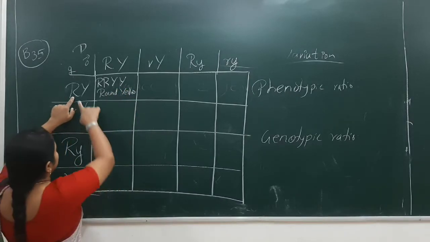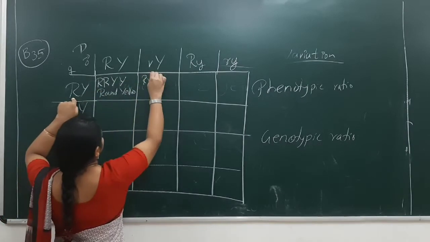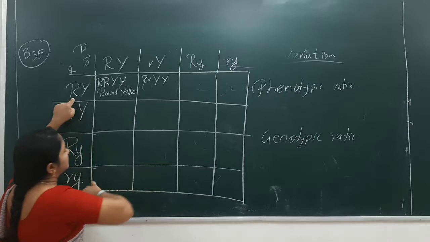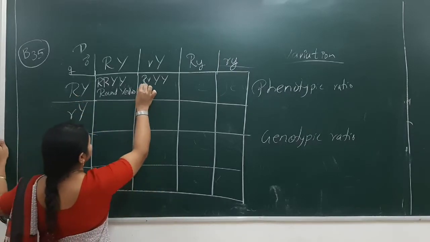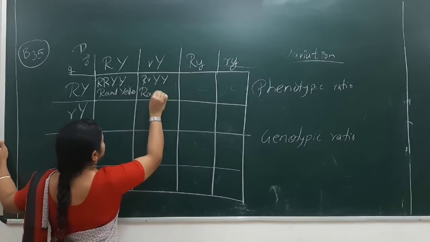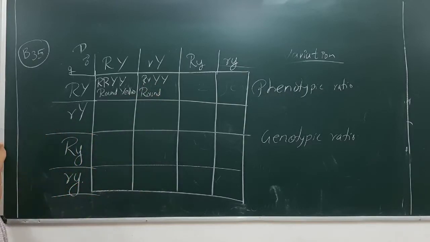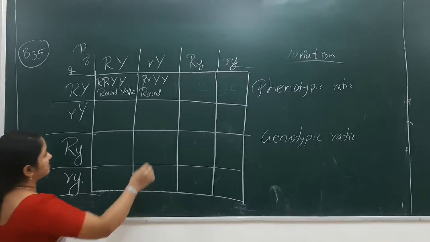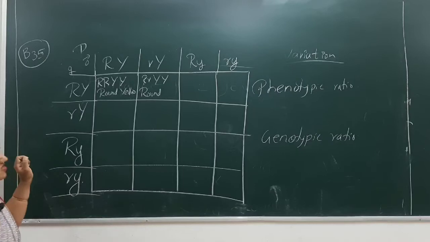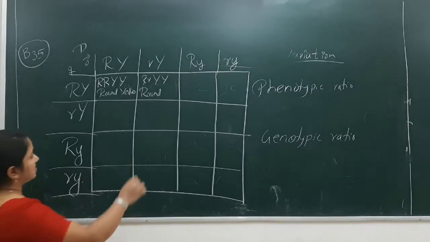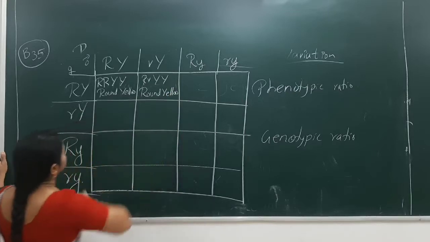So, here capital R and small r, capital Y and capital Y. What will be the phenotype of this type of offspring? It is round, because here we got the dominant gene. Capital R indicates the dominant gene, and here both are in capital letters or dominant gene. The phenotype will be round yellow.